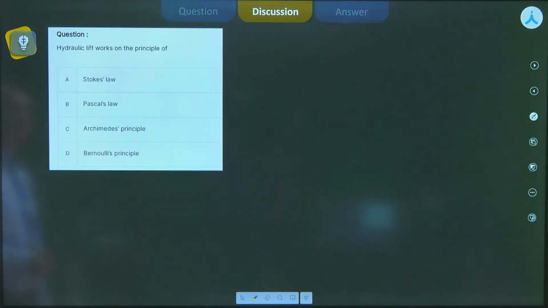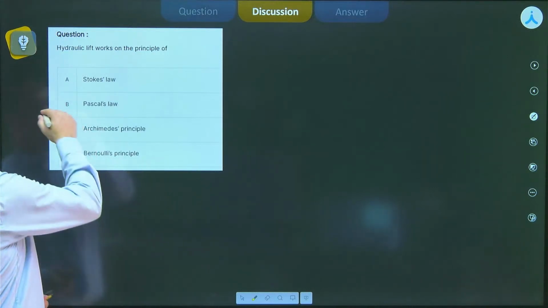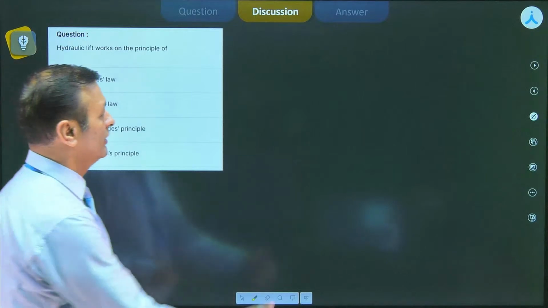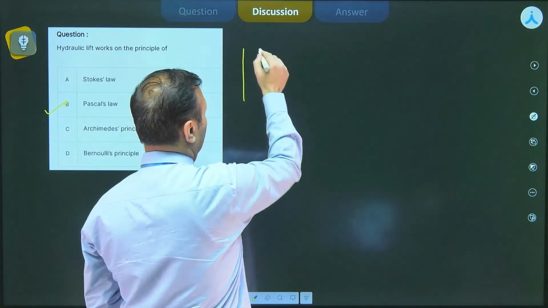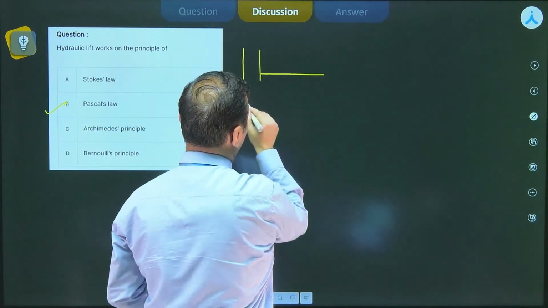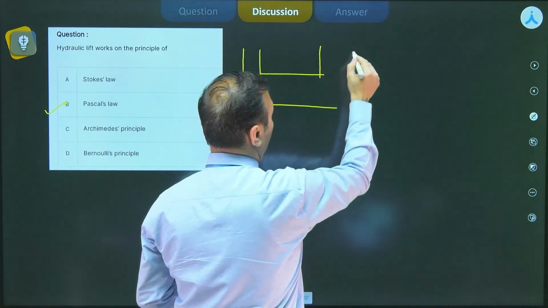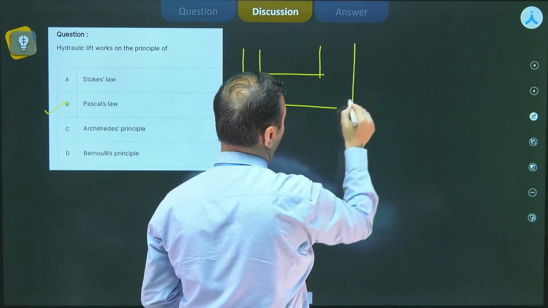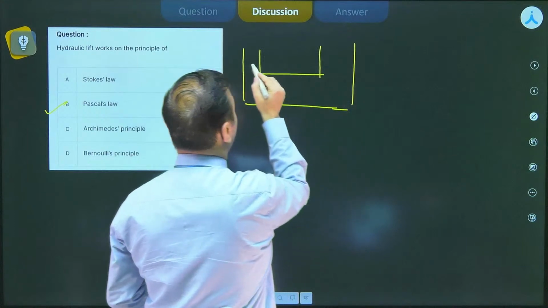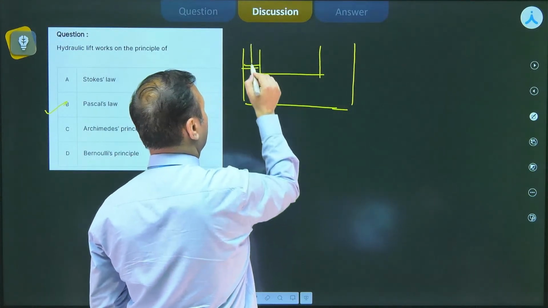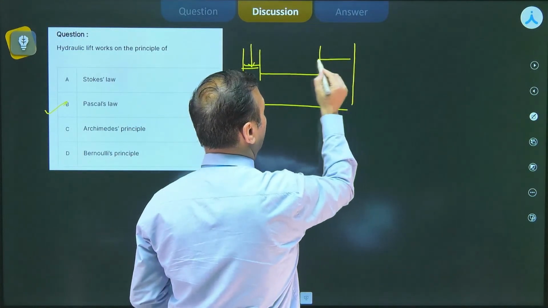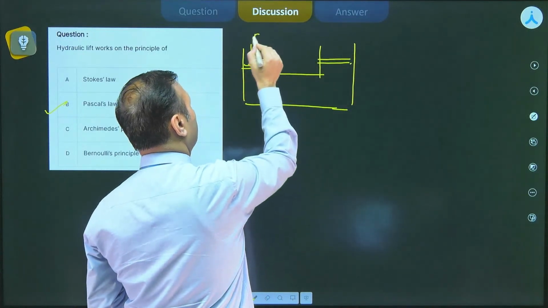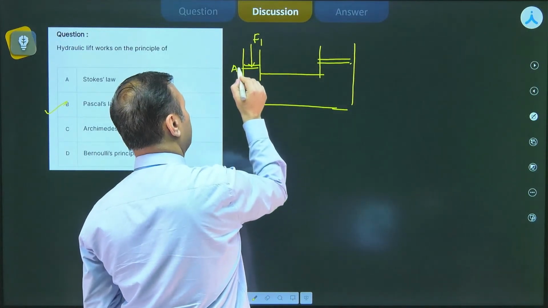So moving to next, hydraulic lift works on this principle of Pascal law. Let's suppose this is a piston fitted and this is also a piston. Here you apply some force and the area of cross section is A1.